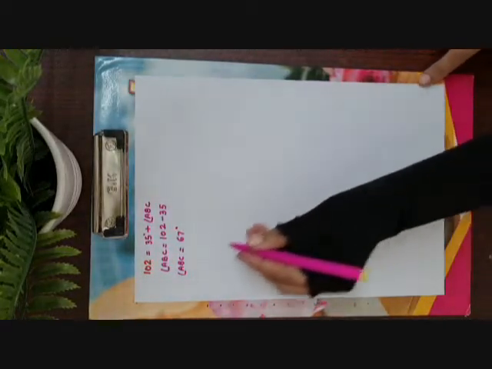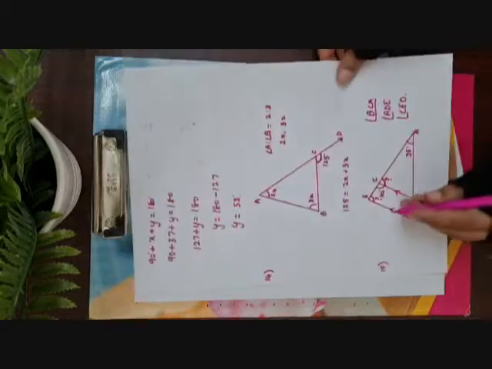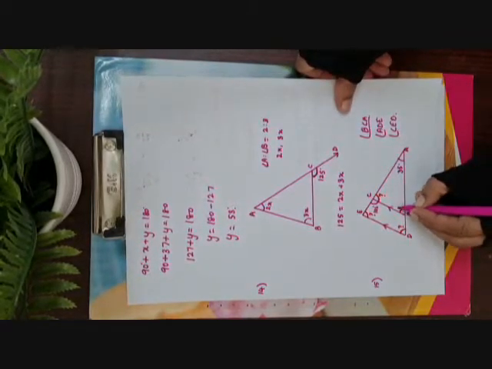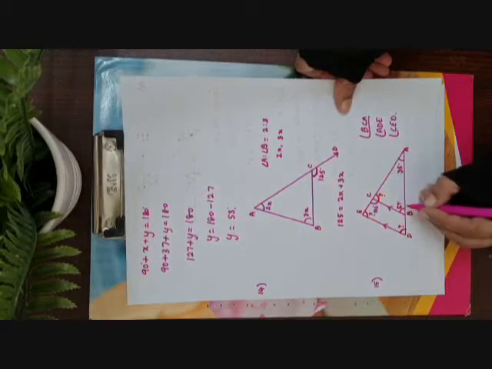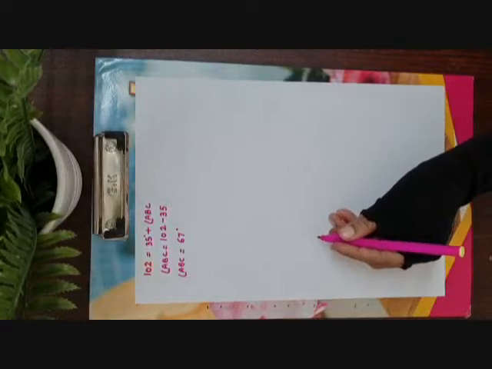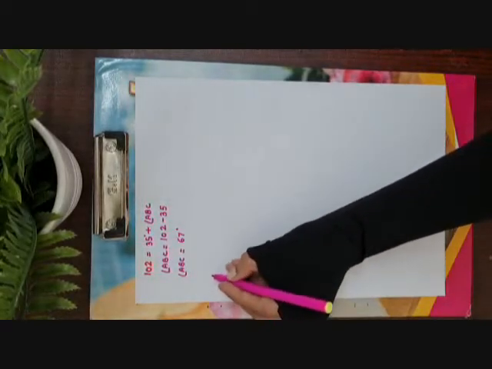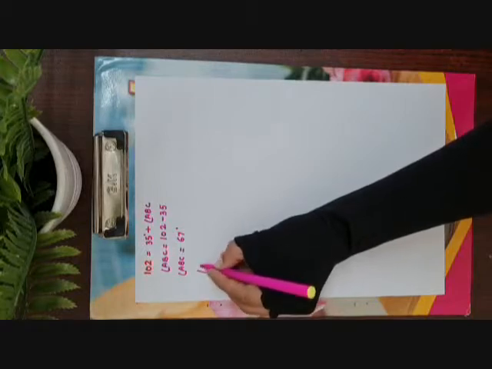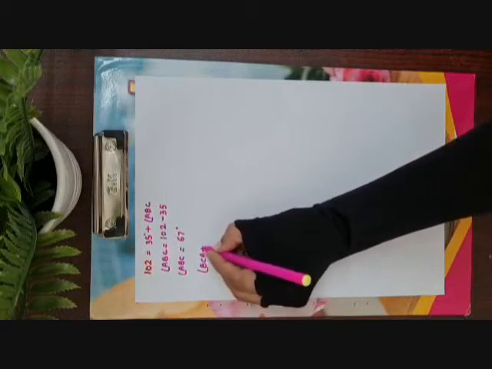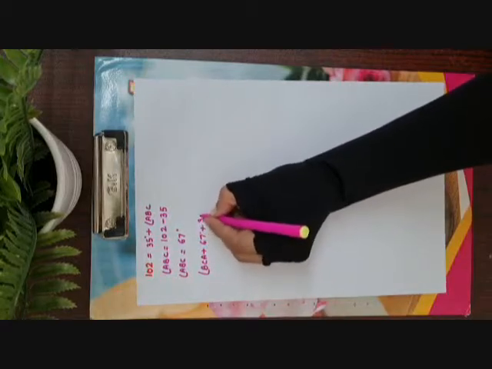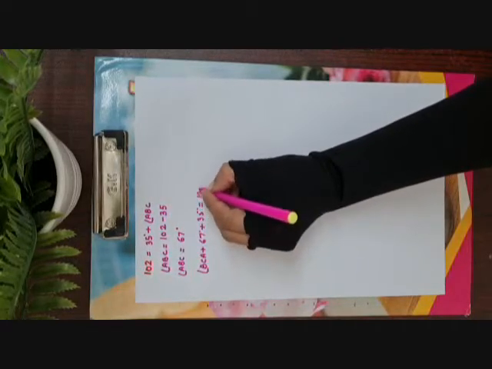Is that clear, children? Now in this triangle, we know this is 35 degrees. We got the value of this as 67 degrees. Can we find angle C? Yes. Using the angle sum property, we will find angle C. So we have angle BCA plus 67 degrees plus 35 degrees is equal to 180 degrees.